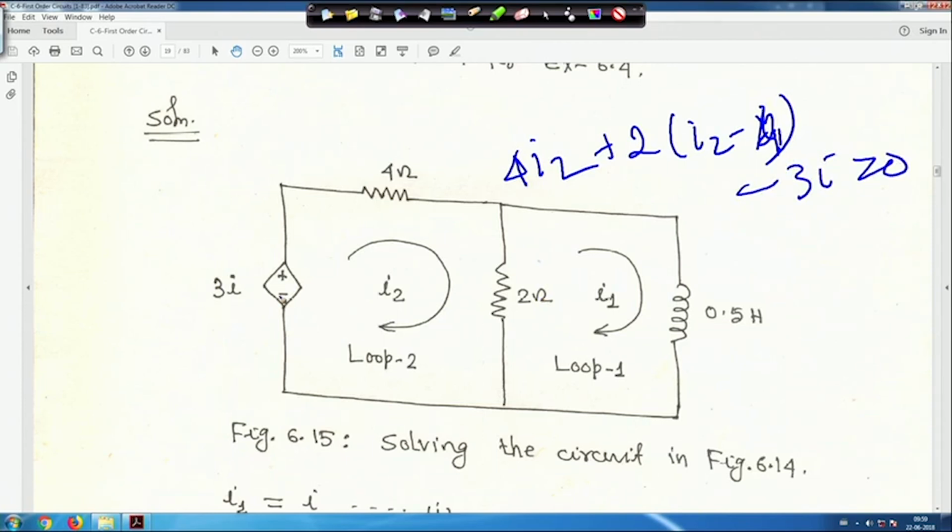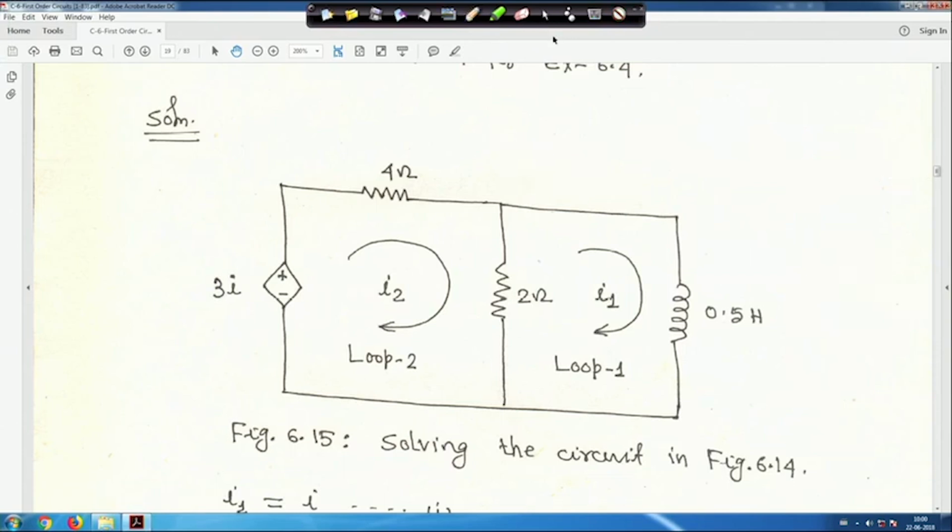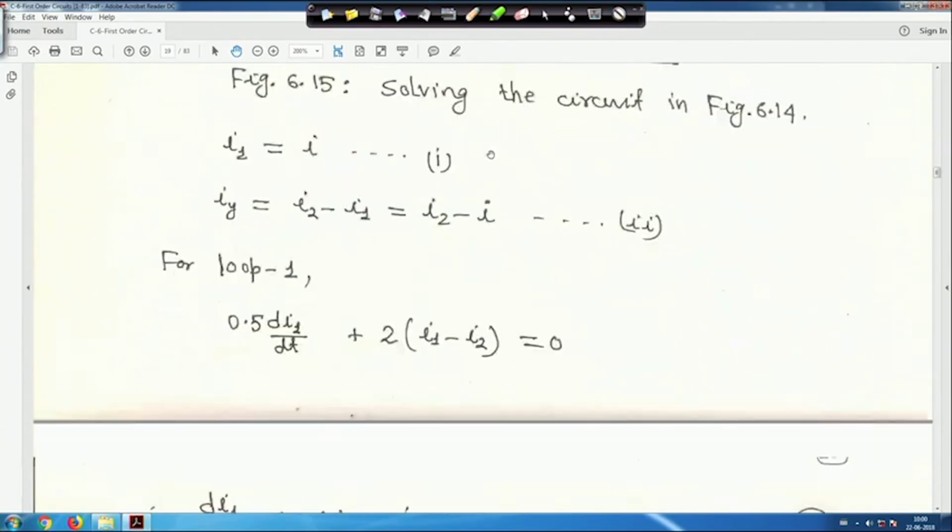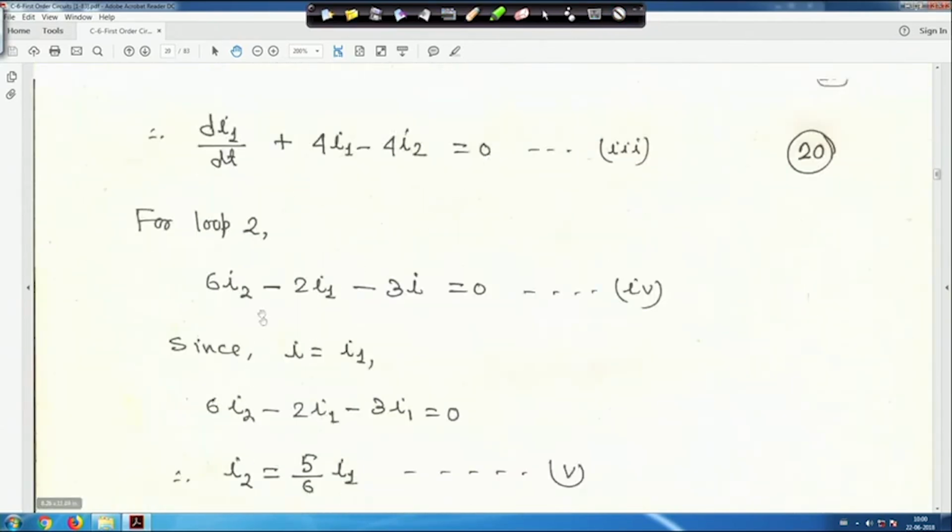So, in this case what will happen, it will basically be 6 I2 minus 2 I1 minus 3I is equal to 0. This is what I have written here for loop 2. This is 6 I2 minus 2 I1 minus 3I is equal to 0.